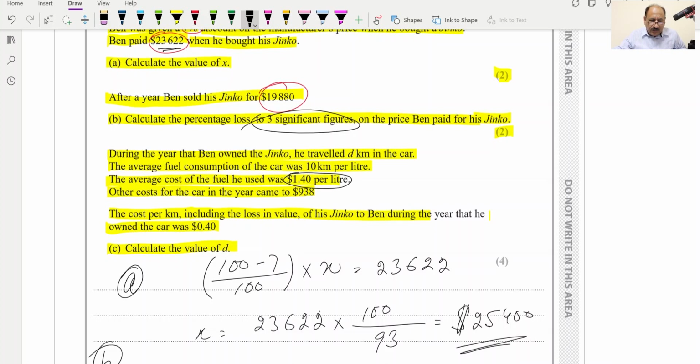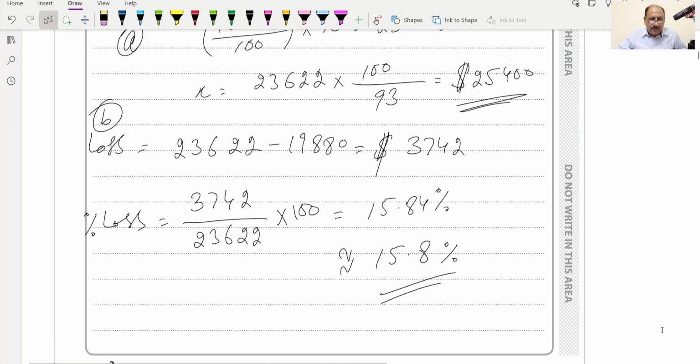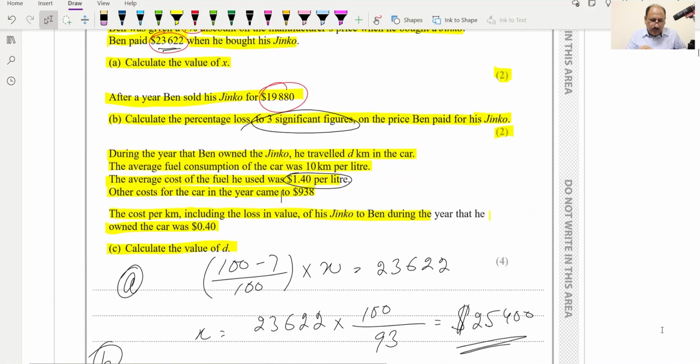So first, D divided by 10. During the year he traveled D kilometers, average fuel consumption 10 kilometers per liter. So whatever distance he traveled, we divide D by 10, because 10 kilometers in 1 liter.